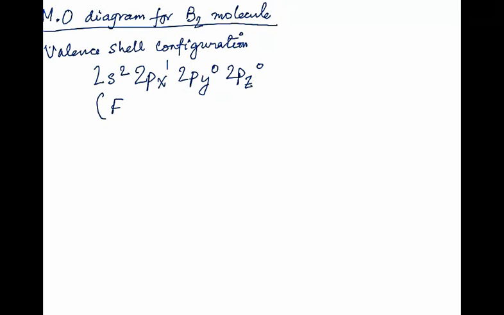So there are a total of 4 orbitals. Overlap of the 4 atomic orbitals of one boron atom with the identical 4 atomic orbitals of the other boron atom gives rise to 8 molecular orbitals.